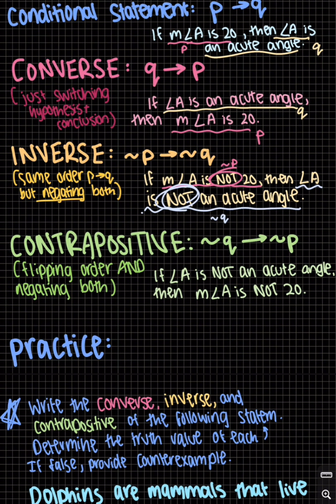So how in the converse you flip them and in the inverse you negated them, you're combining those two and making the contrapositive, which is negating both the hypothesis and the conclusion of the converse of the conditional. The contrapositive is the negation of the converse, okay?